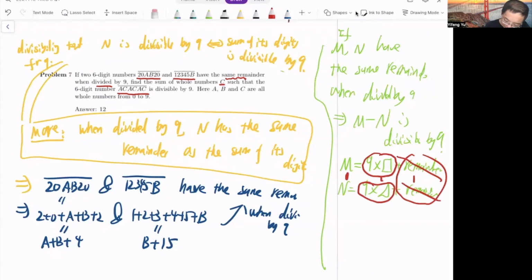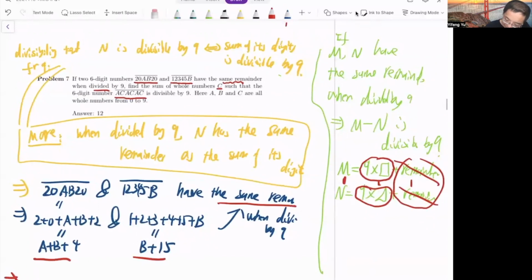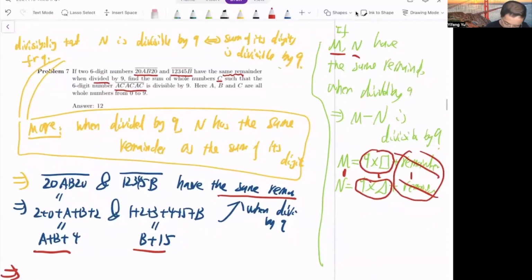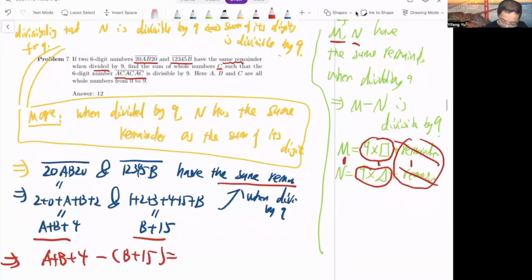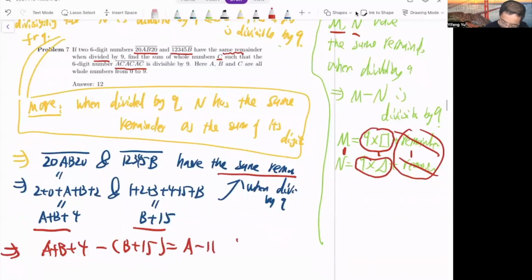All right. Okay, so then from here, because these two guys have the same remainder, we use this basic fact. If you take the difference, we had a plus b plus 4 minus b plus 15. This one is a minus 11. This one is divisible by 9, right?